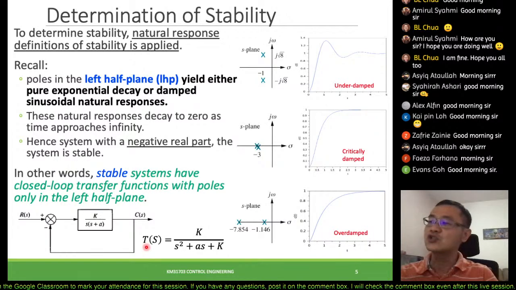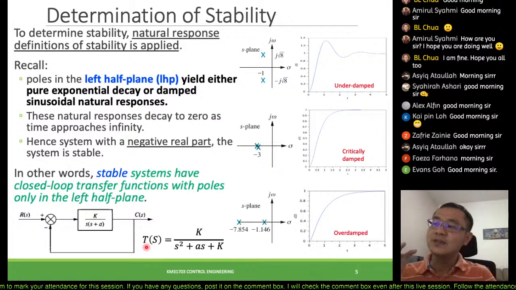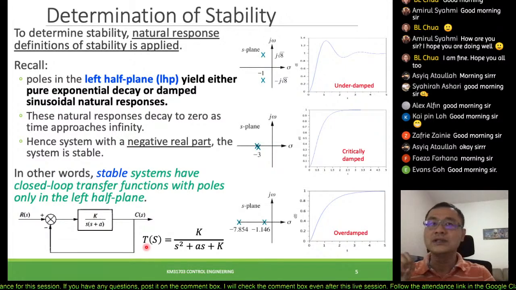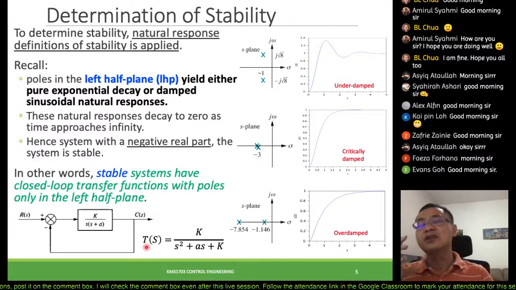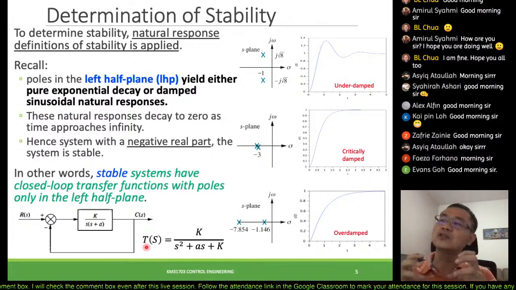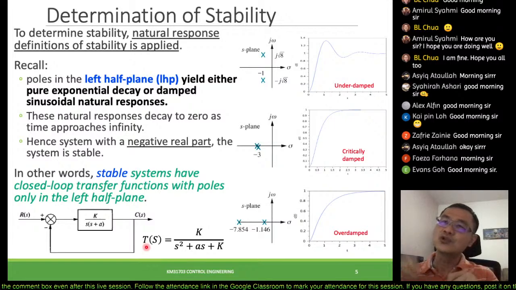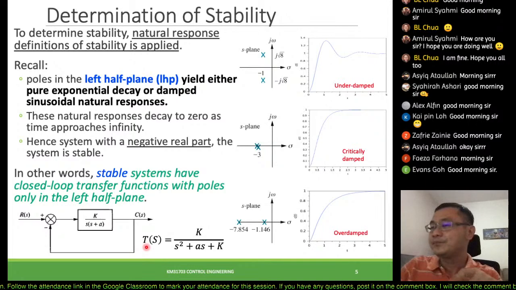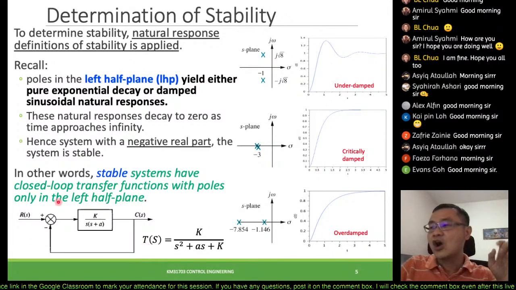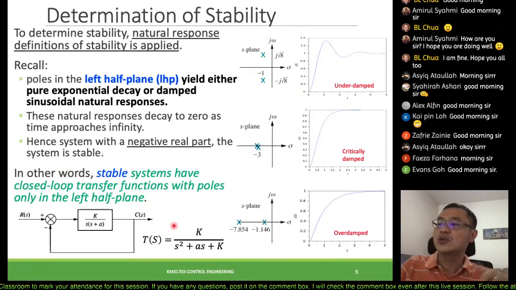In order for us to do this, we must be able to modify the gain or add a controller to control the behavior of the natural response of the system. That's why our focus now is mainly on the closed loop transfer function.